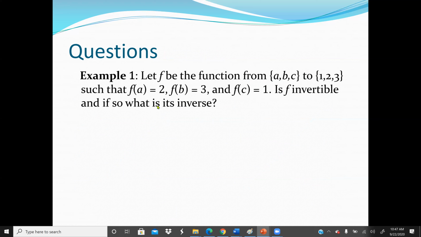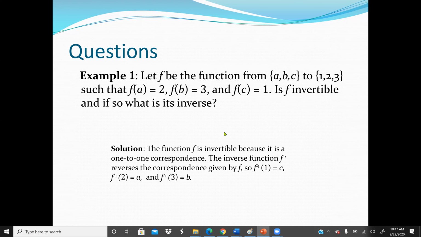Now we have a question saying let f be the function from a, b, c to 1, 2, 3, such that f at a equal to 2, f at b equal to 3, f at c equal to 1. Is f invertible? And if so, what is its inverse? So we want to know if the function is invertible.